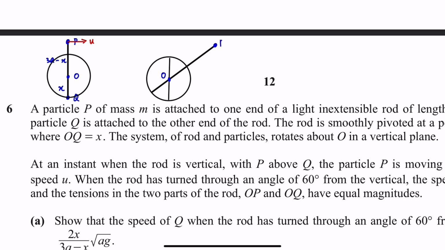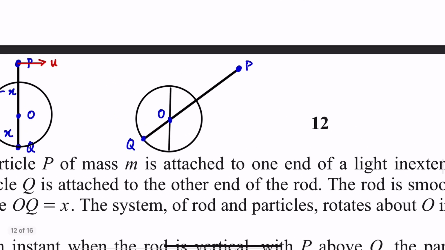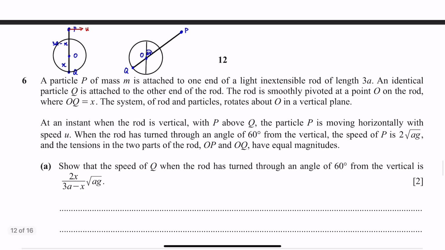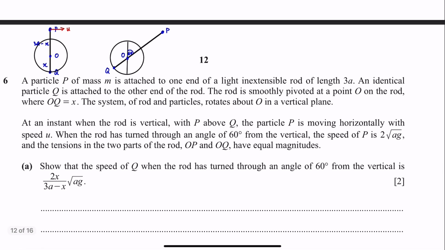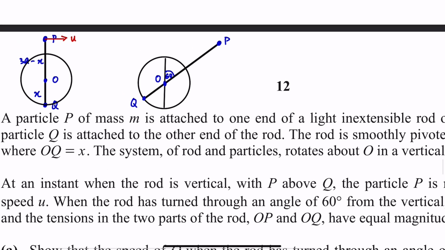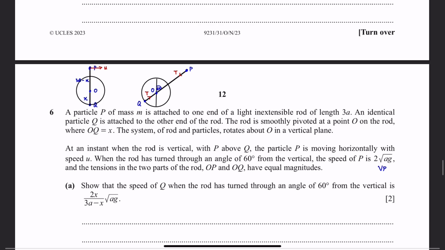This is P, this is Q. This would be 60 degrees. And P is now having the speed of 2 root ag. And the tensions in the two parts of the rod have the same magnitude. That means, let's call it T, so they have the same tension force.